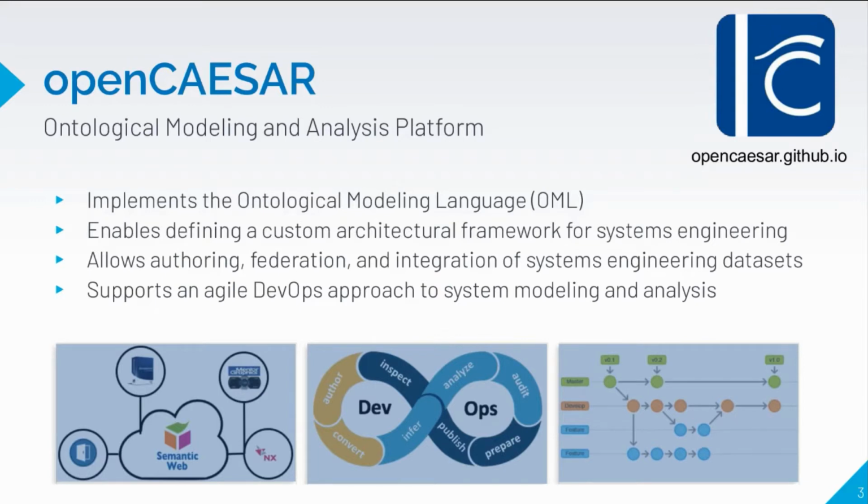And by integration, we mean analysis. And then the ability to provide reports or viewpoints to inspect the information. And doing this all in a continuous integration and delivery paradigm that's very prevalent in software engineering. And openCAESAR is bringing it to systems engineering.